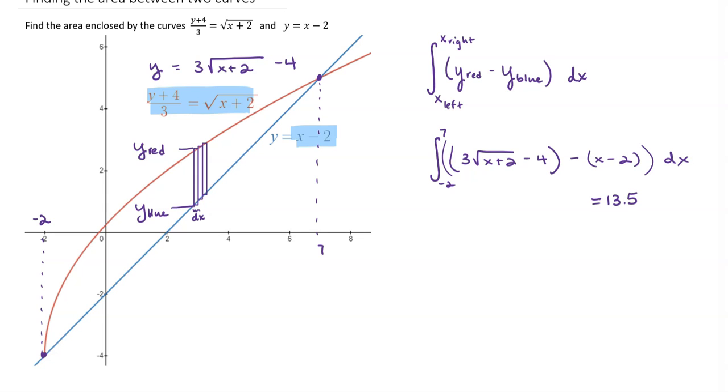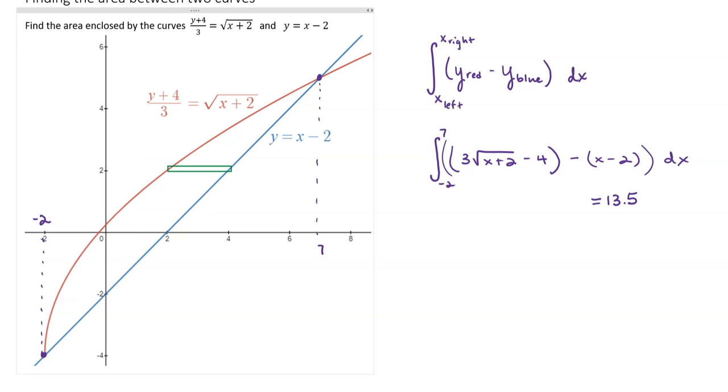I do, however, want to look at another way we could have done this. When we drew the rectangles initially, we decided to draw them parallel to the y-axis. We could have chosen to draw our rectangles parallel to the x-axis, like so, and we could have just as easily built up the enclosed area this way.